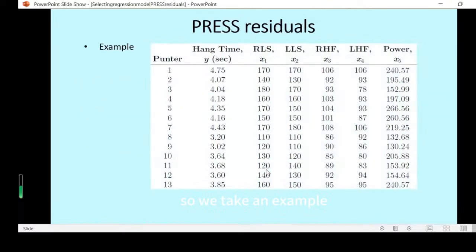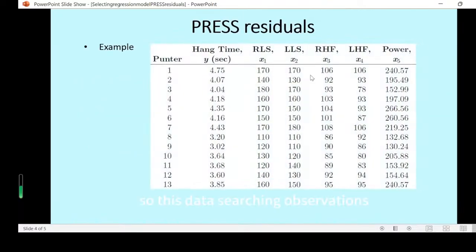So we take an example. This data has 13 observations. This is the y value and these 5 are the x values. We want to choose the best model, including some or all of these 5 variables.